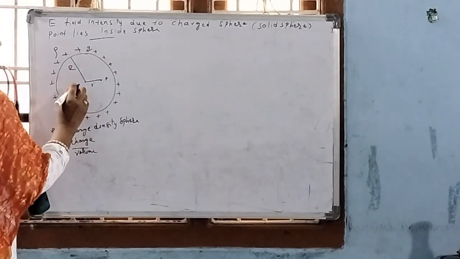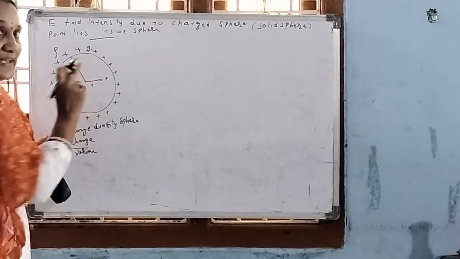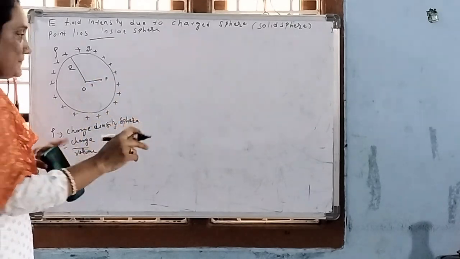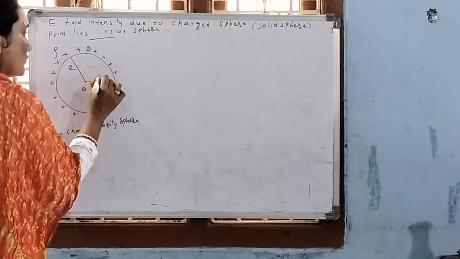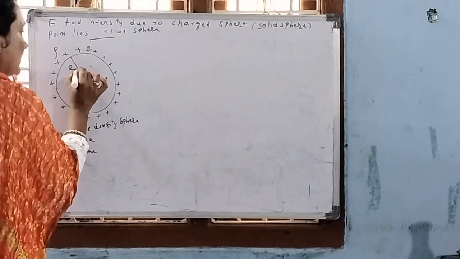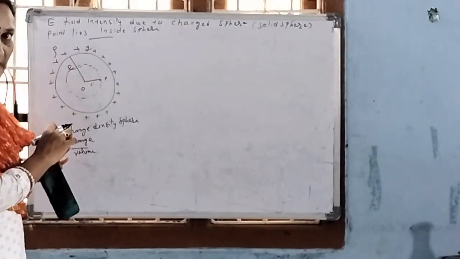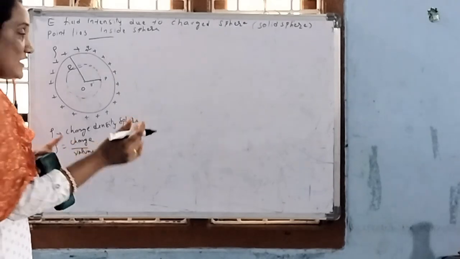Okay, so now in order to find the electric field intensity at a point inside the sphere, as usual, what we have to do? We have to assume a Gaussian sphere passing through this point P. Next, what we will do?